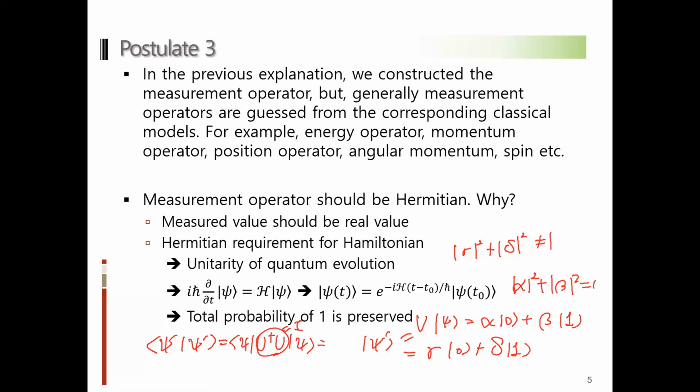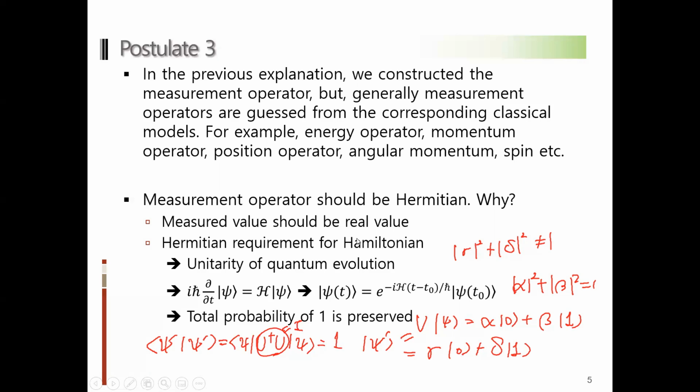So if the original state, psi, had a vector size, or inner product with itself, of 1, then the resulting state will also have the same length of 1.